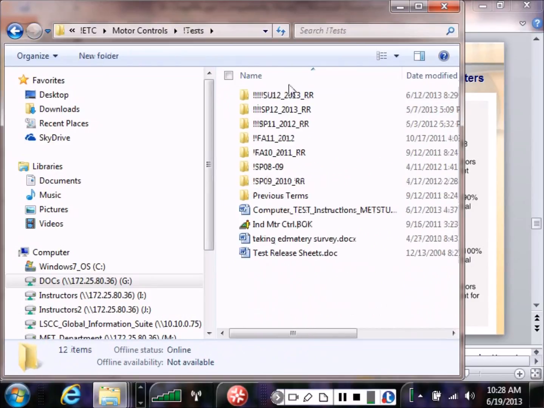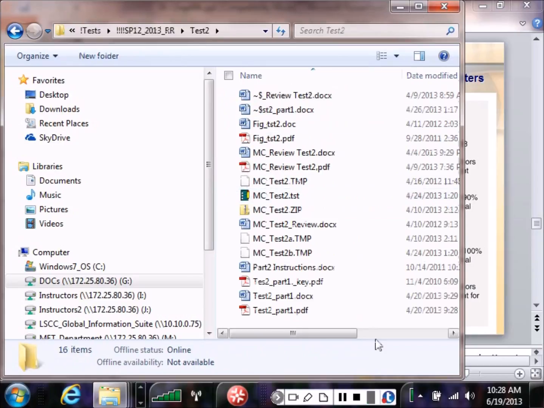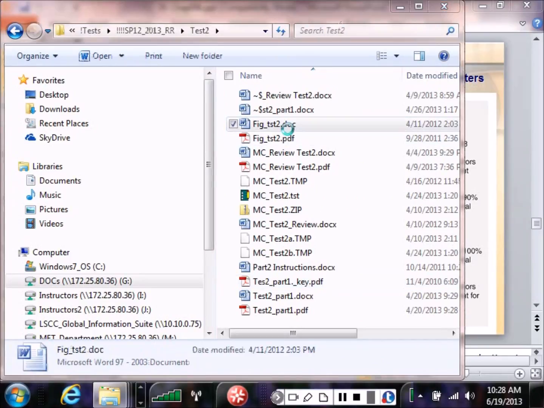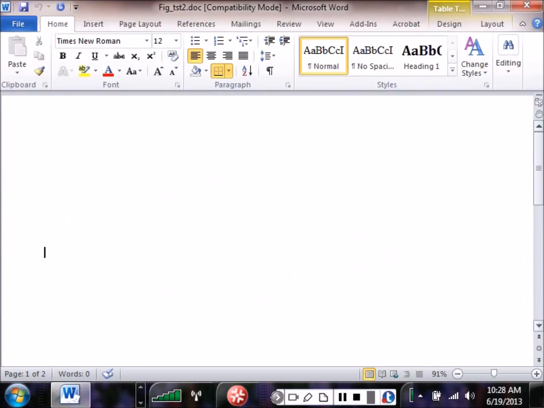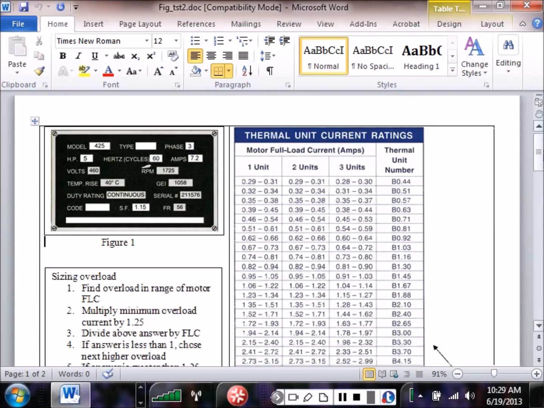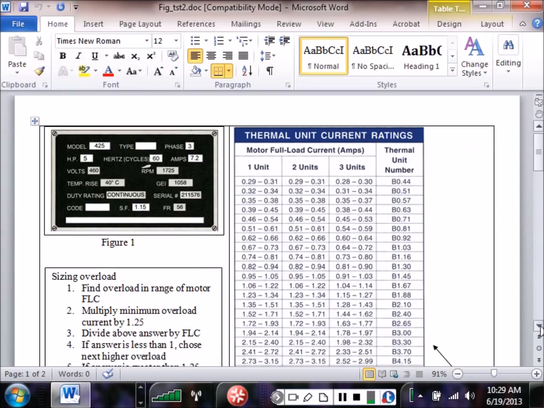I'm sure y'all would like to have access to this folder. Okay, so you can see this is off the test. We're going to give you a nameplate, so we'll go over nameplates.